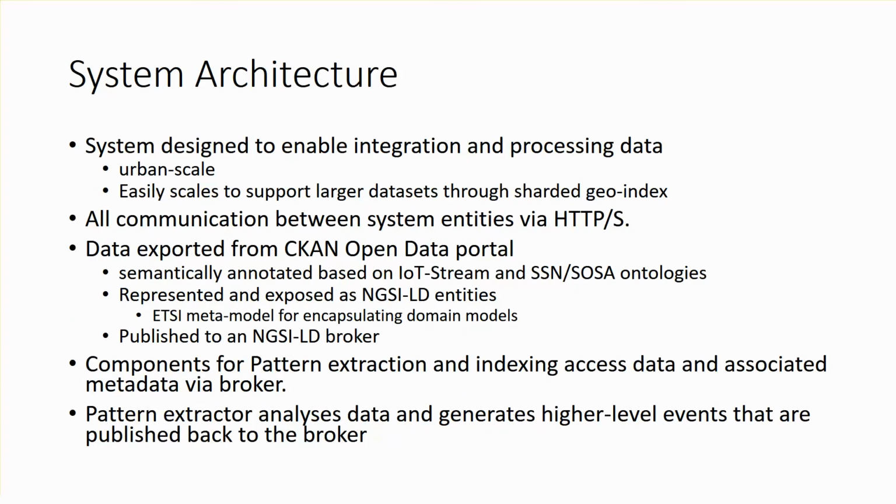So with regards to the system architecture, the system is designed to enable integration and processing of data at an urban scale. It easily scales to support larger data sets through sharded geo-indexing. All communication between system entities uses the mainstream HTTP protocol.